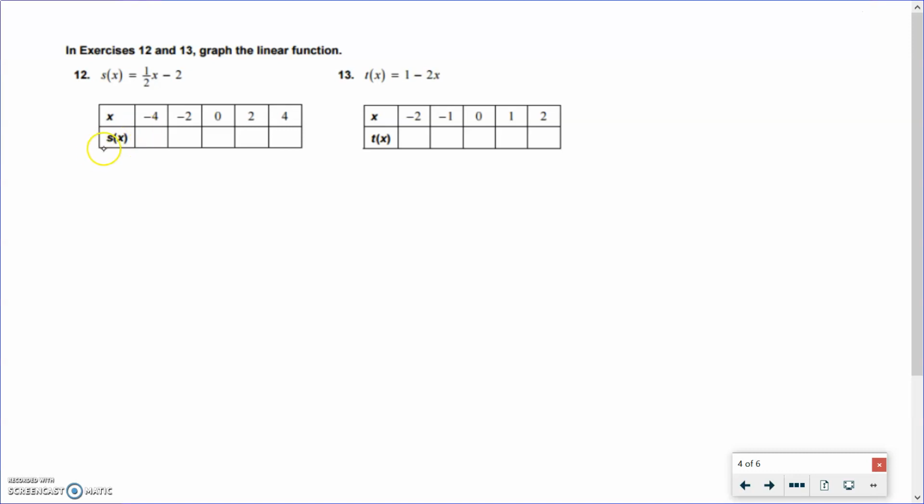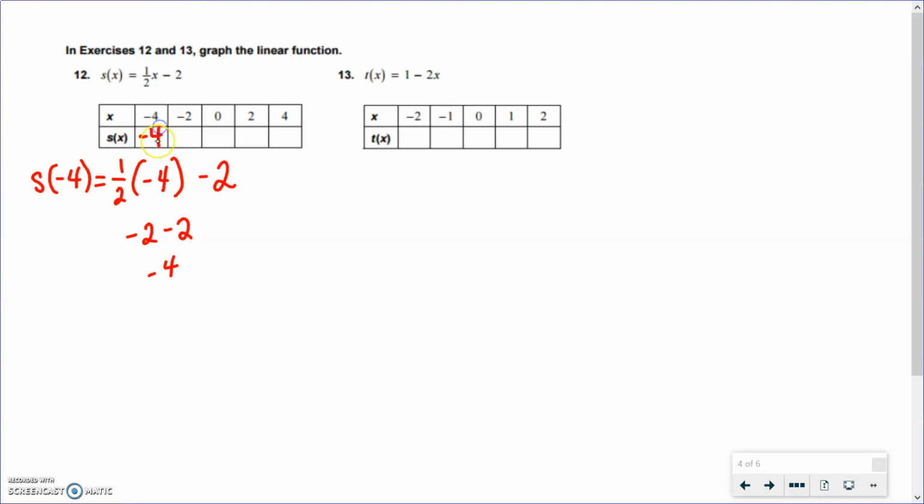So I'm going to start with s of x, and we're going to do that here with -4. So I'm going to say s of -4, and that just means I'm going to plug -4 in for the x because I replaced the x there. So 1/2 times -4 minus 2. So 1/2 times -4, you can do that in your calculator, but that's -2 minus 2, which is -4.